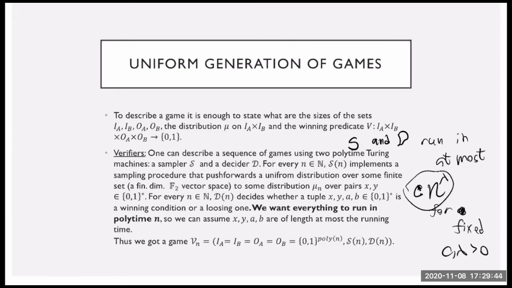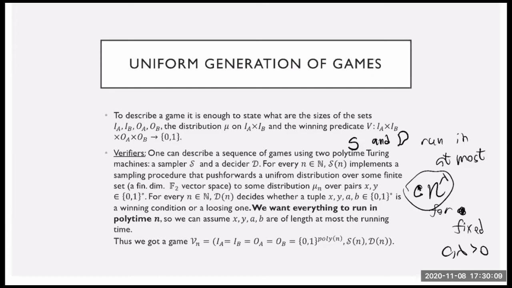For any n, S of n flips a finite amount of coins, and this finite amount depends only on n. Then it does some calculation that takes at most C times n to the lambda operations, and then it outputs two questions. What are the two questions? Just two strings, X and Y.